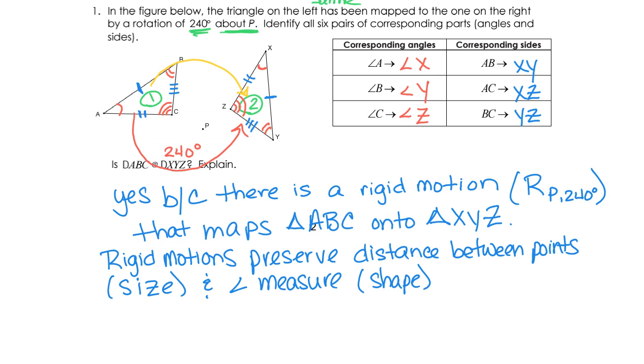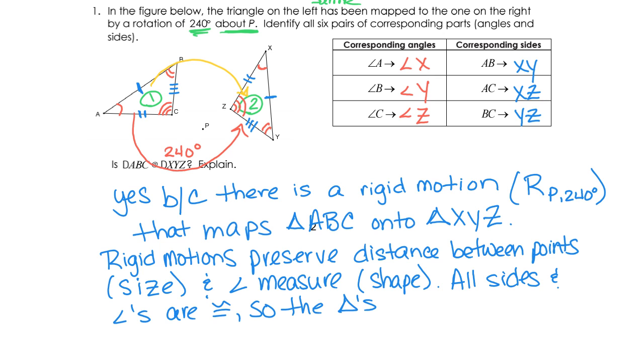Okay? And so what that means is that all sides and angles are congruent, so the triangles are congruent.